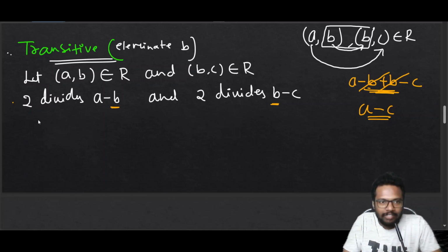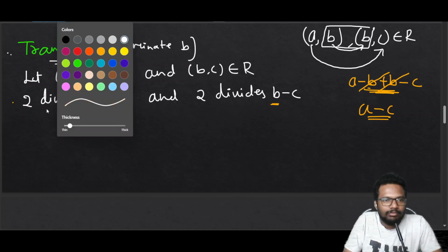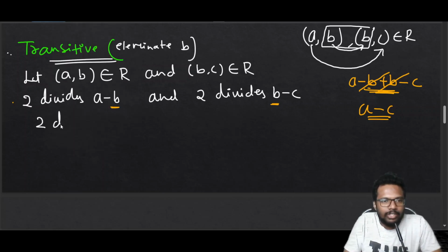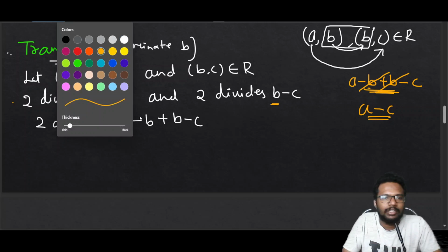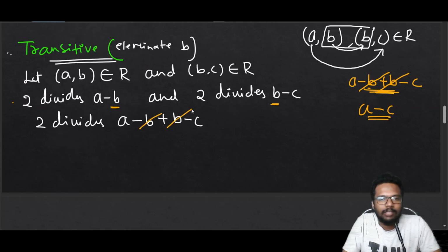So we can conclude here 2 divides a minus b plus b minus c, that is, a minus b plus b minus c. Now I am going to eliminate this minus b and plus b.